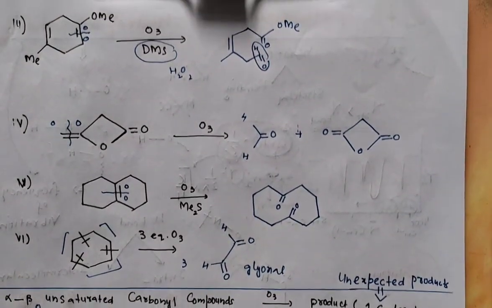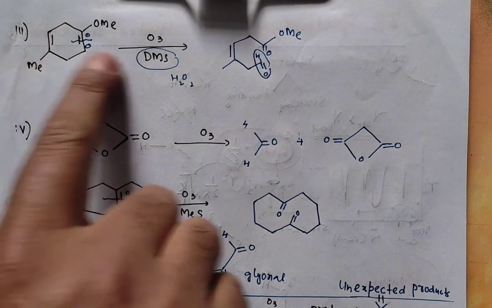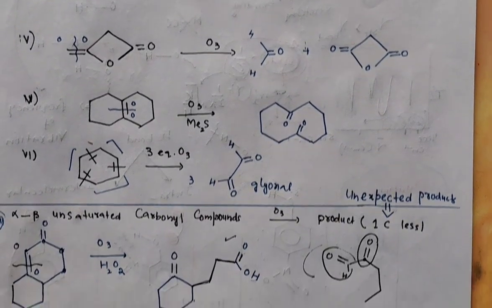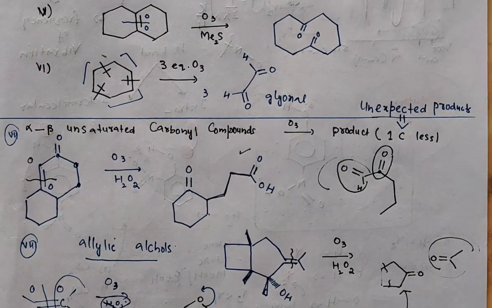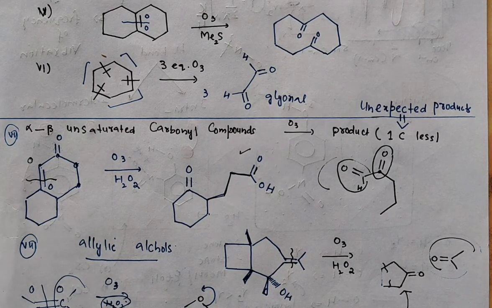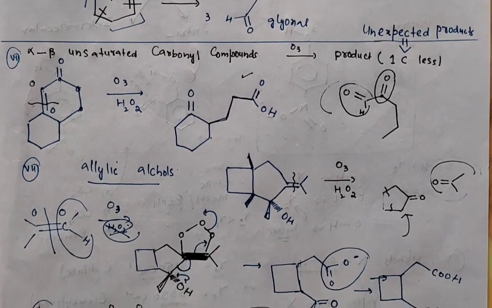Then if we talk about the unexpected products, number 1, if you have 2 double bonds, the one which is electron rich, only there will ozonolysis take place and then a normal product is formed. Then if we have a case like an alpha beta unsaturated carbonyl compound, the ozonolysis will take place as normal, but we have to remember that the product formed will have one carbon atom less than normal. Then in case of allylic alcohol, just remember this one example.